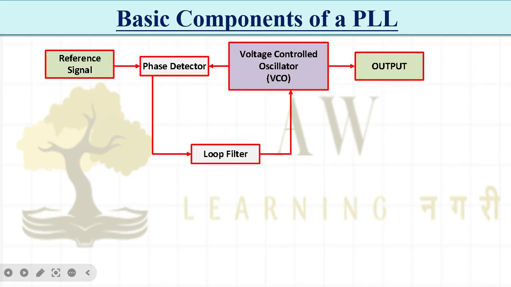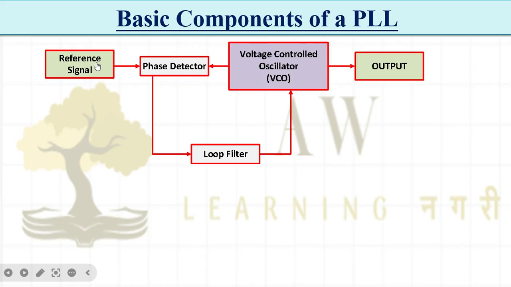After the loop filter, the voltage control oscillator will provide the corresponding output voltage and output frequency, which is my output. It will also give a feedback signal to the phase detector.